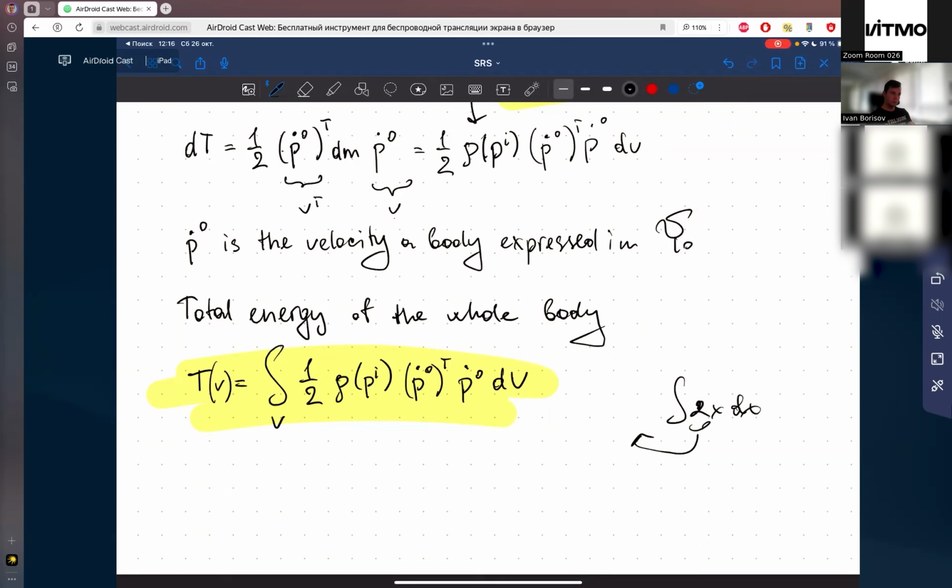Okay. What can you do with that? Because here we need to be general. We need to describe spatial motion. We can transform the frame of reference. We can write the equation in different frames of reference.